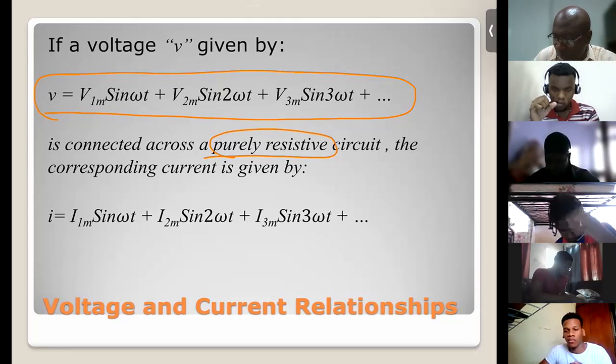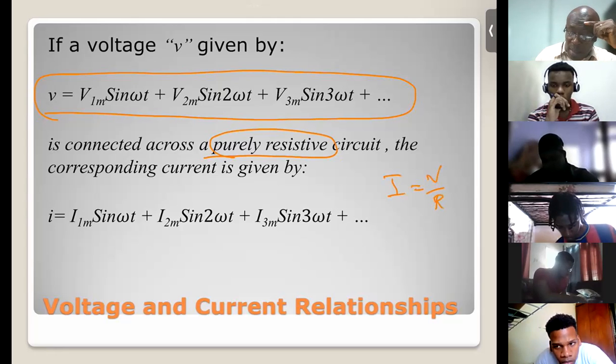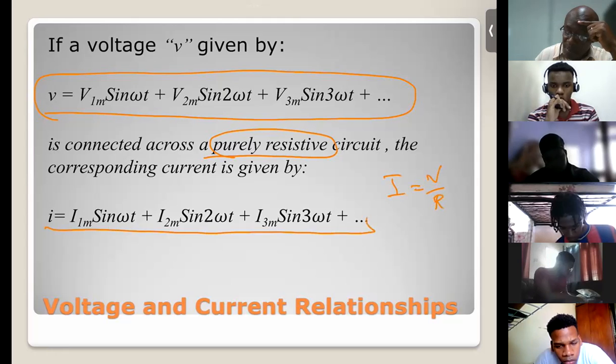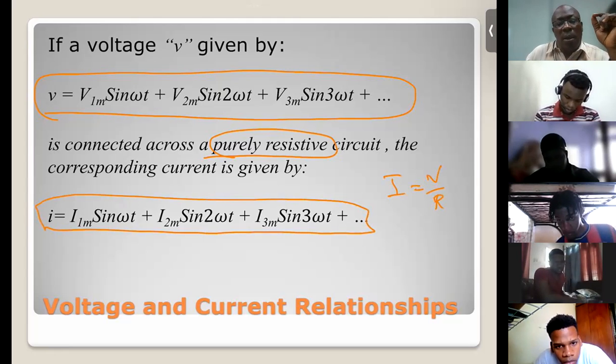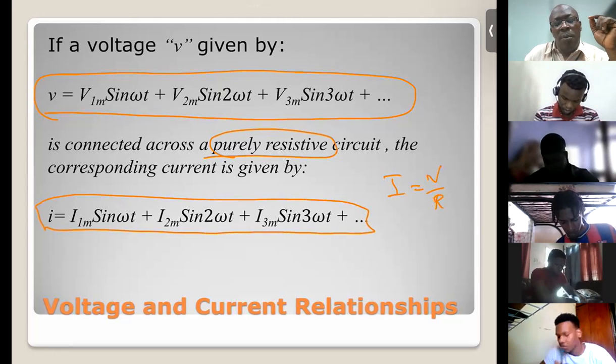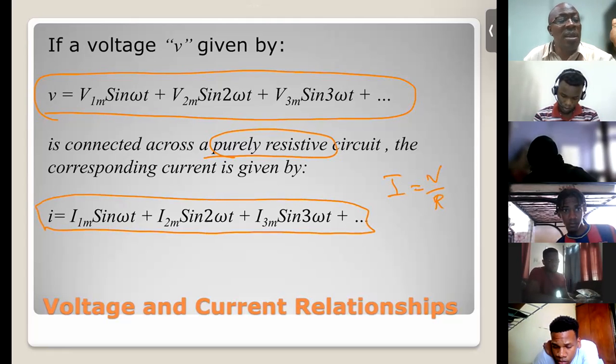Again, you know Ohm's law, I equal V over R. The corresponding current, I, is going to be given by that expression. Now, you and I know that the resistor will not cause any phase shift or anything like that to occur.